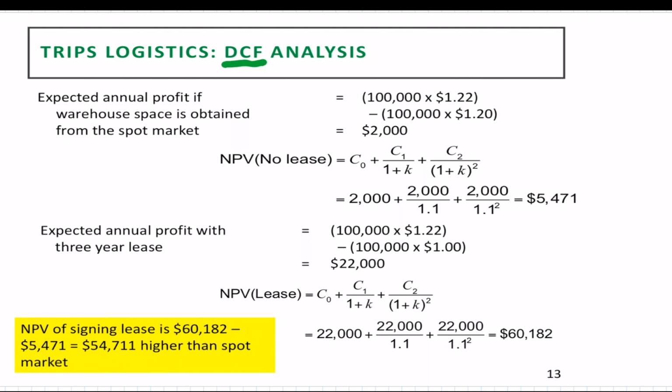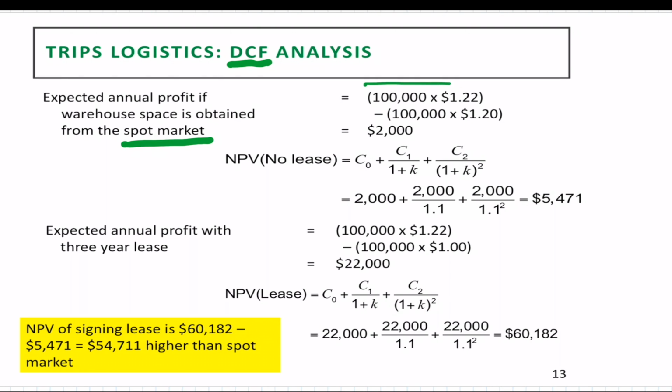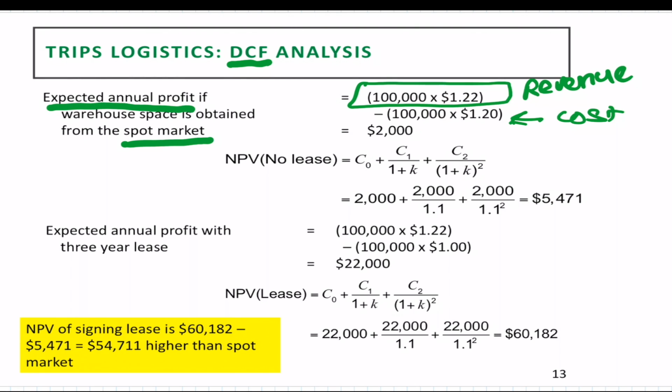If the manager decides not to go for the lease but to obtain warehouse space from the spot market, then the calculation for expected annual profit will be like this. So here we have two parts. One is the revenue and the second part is cost. So revenue minus cost will give us expected profit.